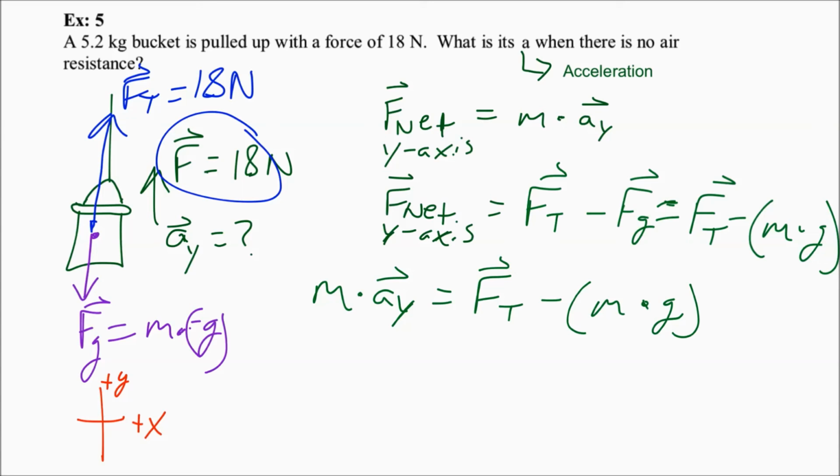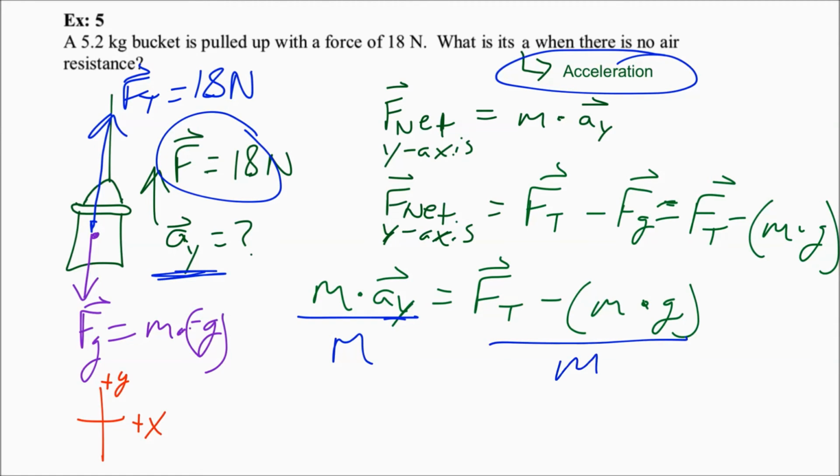We are looking for that acceleration in the y-axis, this overall acceleration here. That's this piece. So we need to divide both sides by the mass. Alright, so the acceleration in the y-axis then is equal to.